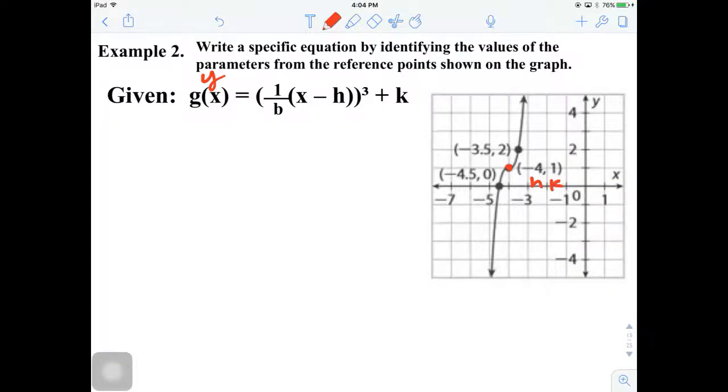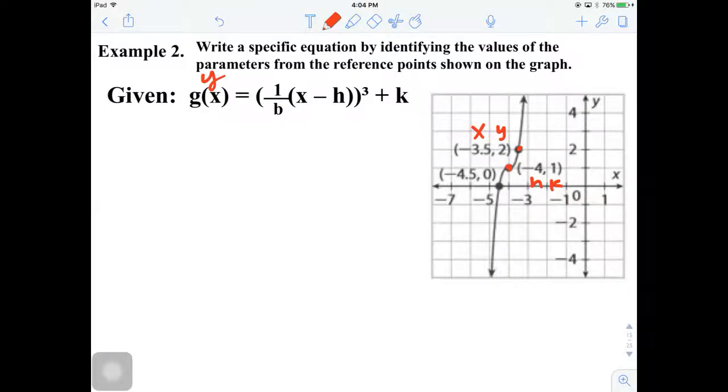So in this case, h is equal to -4, k is equal to 1. Then we are going to need a second point, and usually the rule of thumb is we will just use the point to the right of that, and we're going to call this x and y. Now that we have 4 out of the 5 variables, we're going to substitute into the equation and solve for b, which is the only variable that we need.